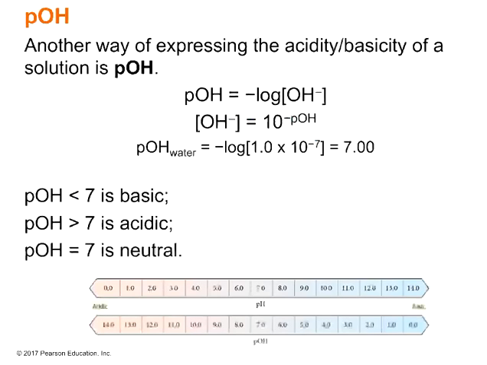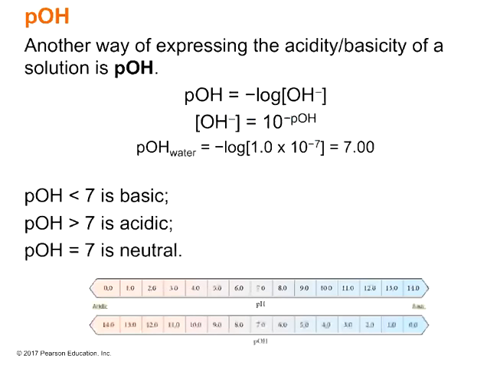Now, there is another way to express acidity or basicity of a solution, and that is pOH. So instead of using the concentration of hydronium ions, we can use the concentration of hydroxide ions to determine how acidic or basic a solution is.